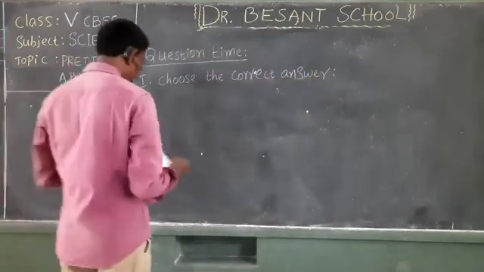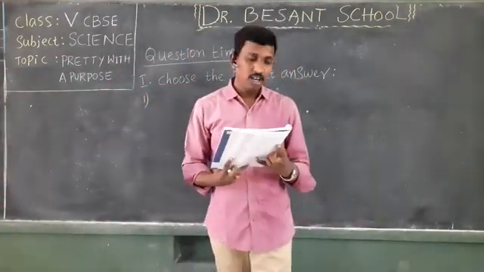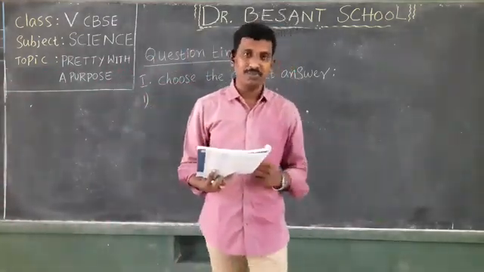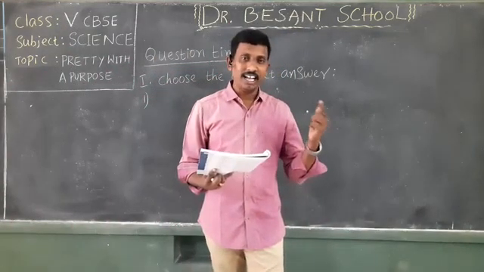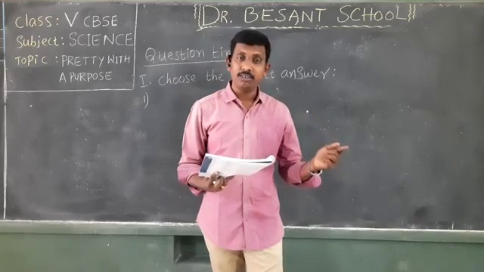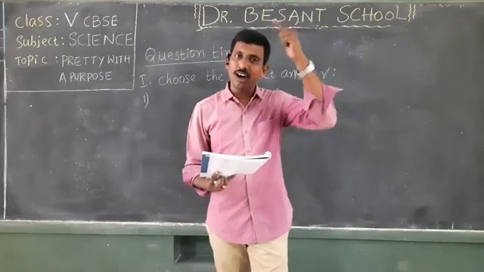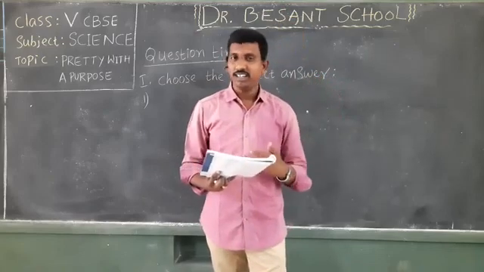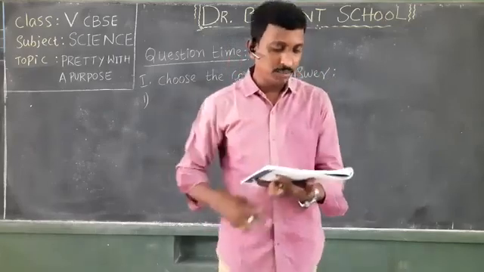In that first one, I will read the question and the options, then we'll pick the proper one. What is pollination? Do you remember? The transfer of pollen from anther or stamen, you can say anything, to stigma or carpel of a flower is called pollination. Now let's check where we have this option.